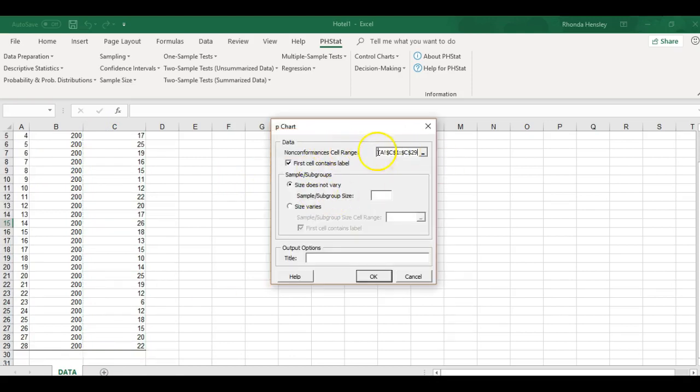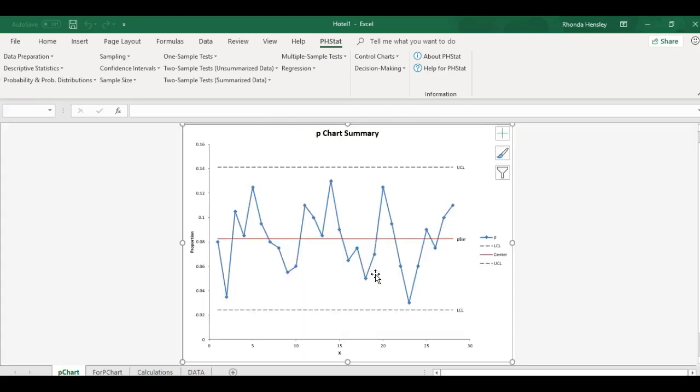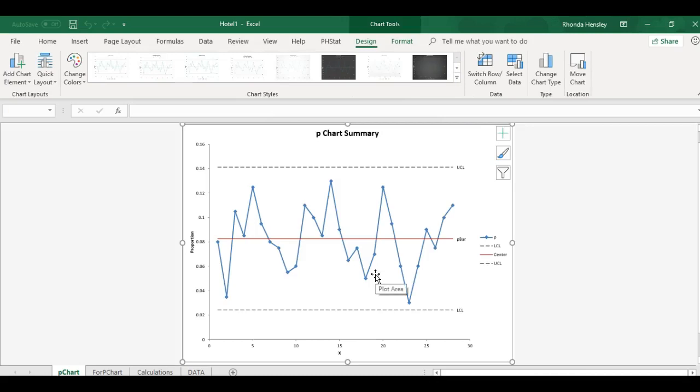You can easily pick the title. My first cell contains a label, and my sample size doesn't vary, so all I've got to do is tell it there's 200 every time I took a sample. When we get to our next example, our size will vary, and you just pick the sample sizes off. And then all you do is say okay, and voila, there's your P chart.